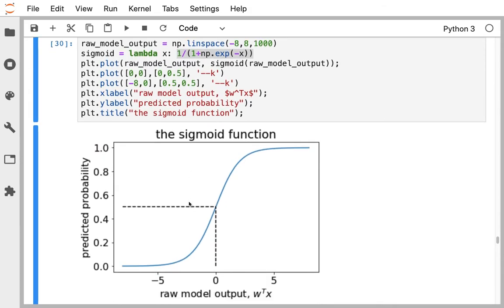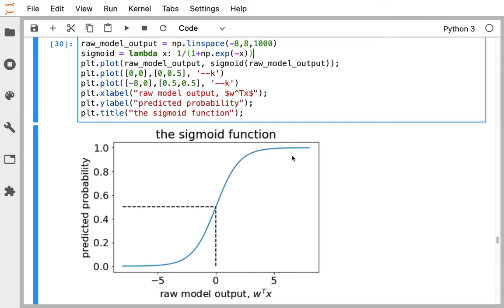Logistic regression computes the raw model output, which could be any number, and then squashes it through this sigmoid function. The output can only be between 0 and 1, because e to the minus x is a positive quantity, so 1 plus it is bigger than 1, and then taking 1 over it gets you something smaller than 1 and positive.